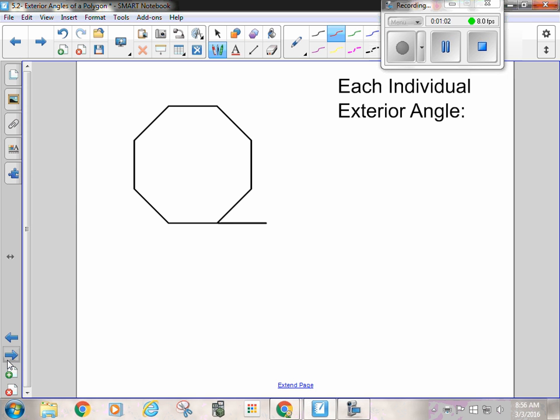It says find each exterior angle. So here in an octagon, if we look, we have one exterior angle, 2, 3, 4, 5, 6, 7, and 8. We have 8 exterior angles.